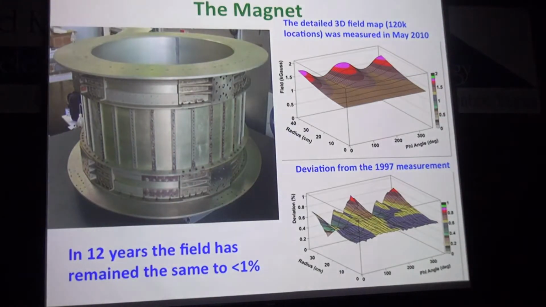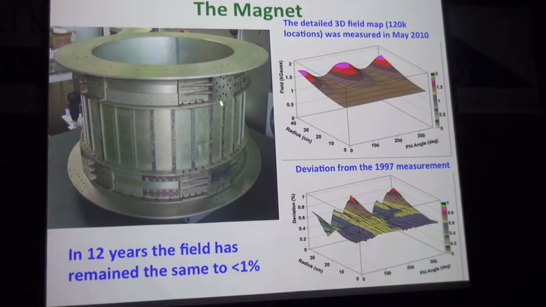I will give a very brief introduction to some of our detectors. This is a magnet. The magnetic field is in the horizontal direction, and the field is about 1.3 kilogauss inside, quite uniform. And this magnet has been in existence for more than 12 years.